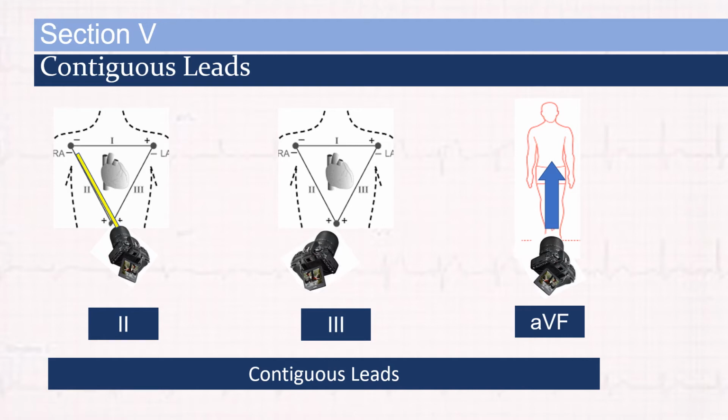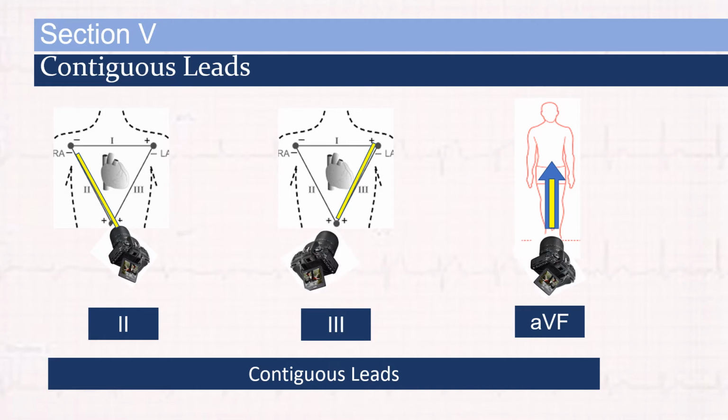Lead 3, the camera is down by the right leg and looks up towards the left shoulder area. In AVF, the camera is, let's say, on the ground looking up at the bottom of the heart. If you notice, all three cameras are in the same approximate area, looking at the same approximate area of the heart. That's what makes them contiguous leads.